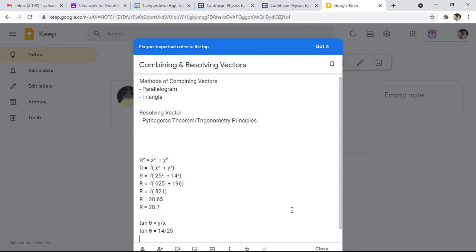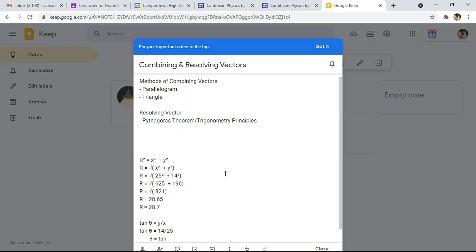Then you would say theta equals, and when the tan goes over the equal sign, it becomes tan to the power of negative 1.